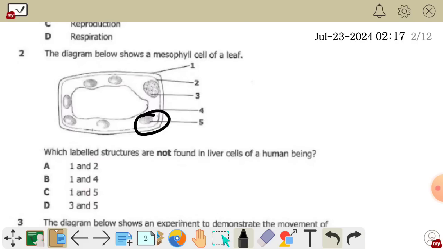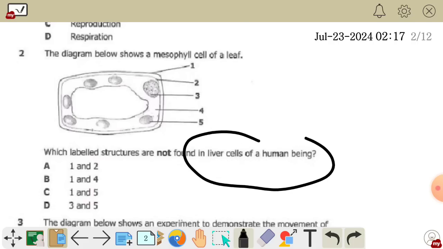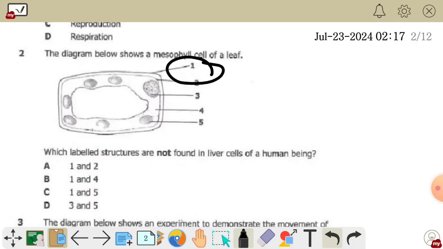A human being has animal cells, which do not have the cell wall and the chlorophyll. So 1 and 5 are not found in liver cells of a human being. The correct answer here is C.